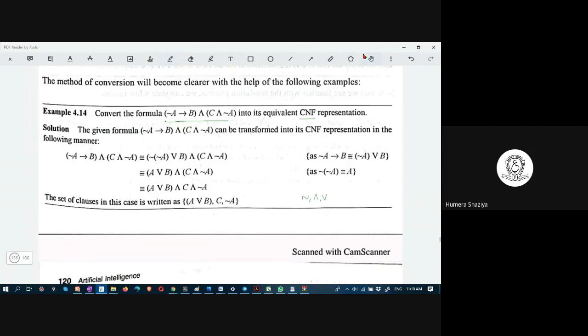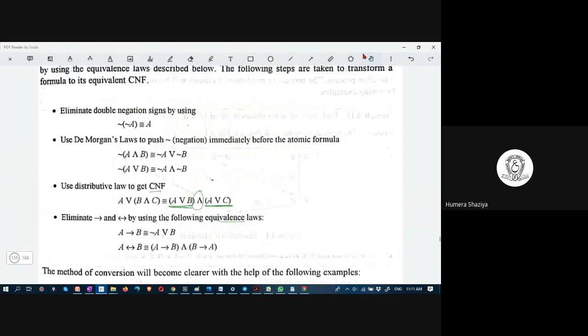Here we have got implies, and this clause is C and not A. But C and not A cannot be one clause joined by this conjunction or and. The process to convert this formula into CNF can be done by application of different rules which are given here, equivalence rules.